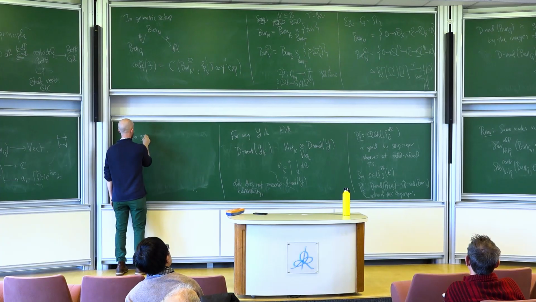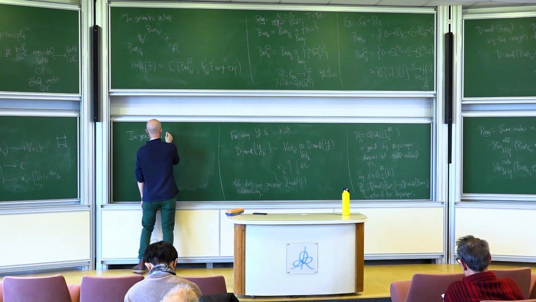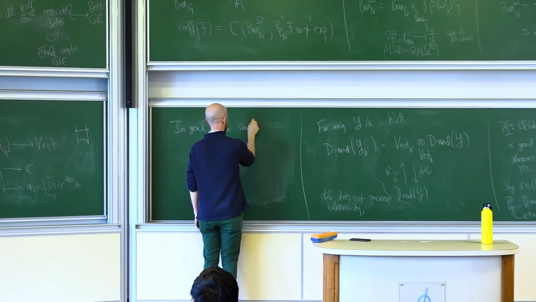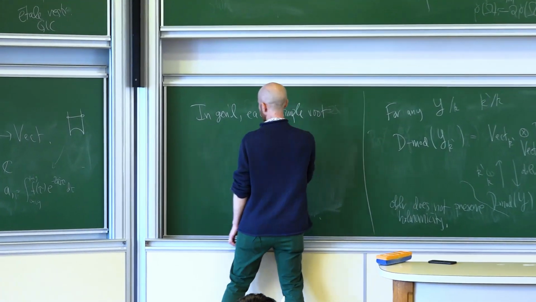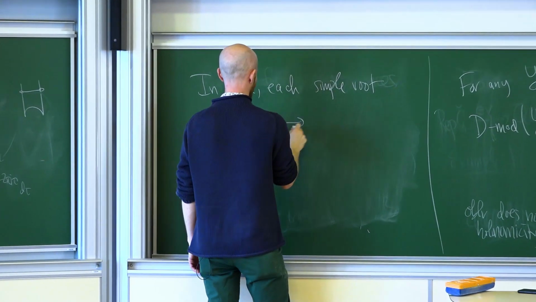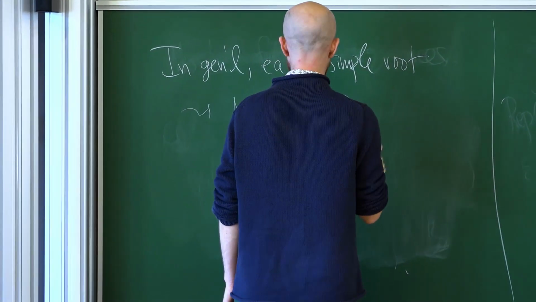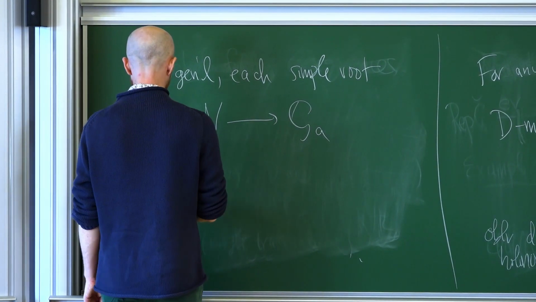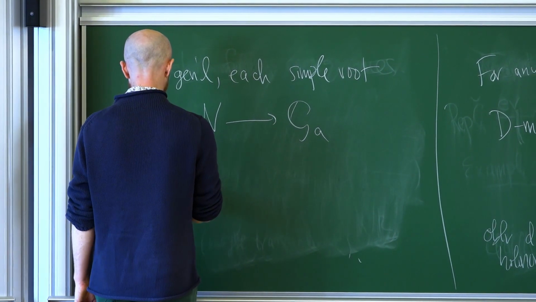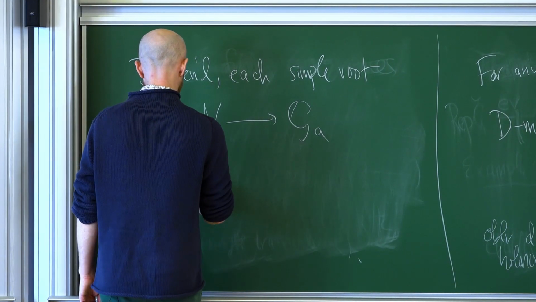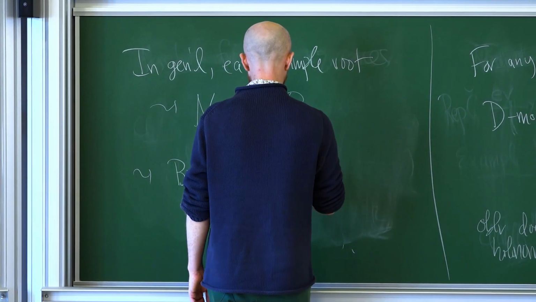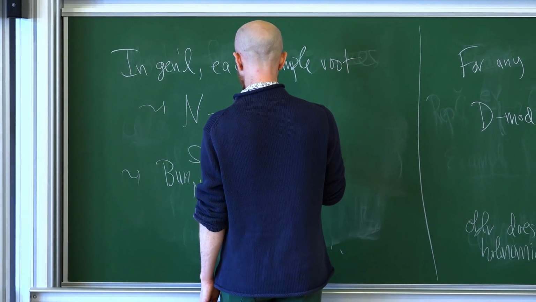So in general, each simple root, each node of the Dynkin diagram, gives rise to a map from N to G_a, and therefore to a map from this Bun N with the omega twist to Bun G_a with some twist.